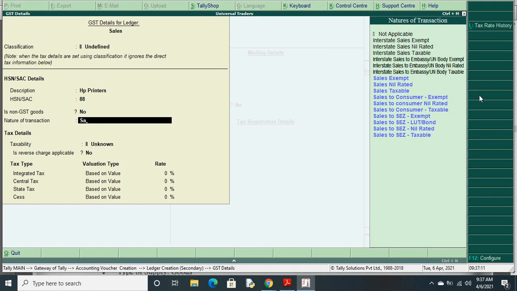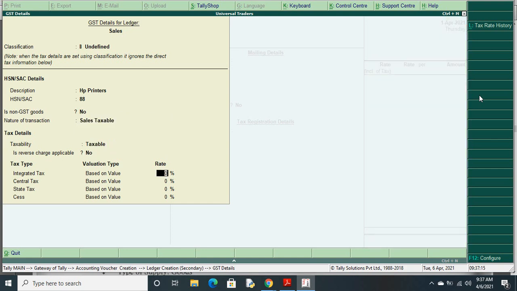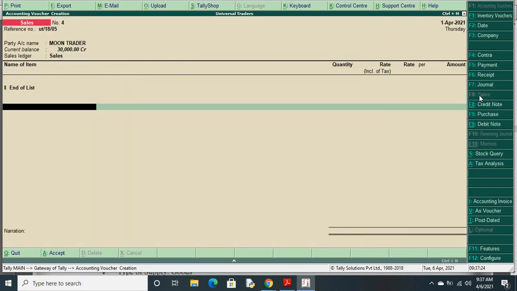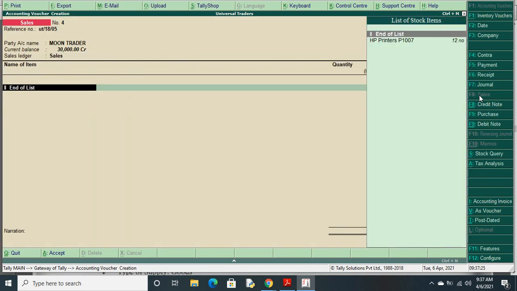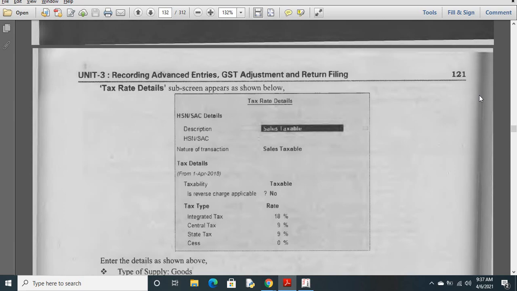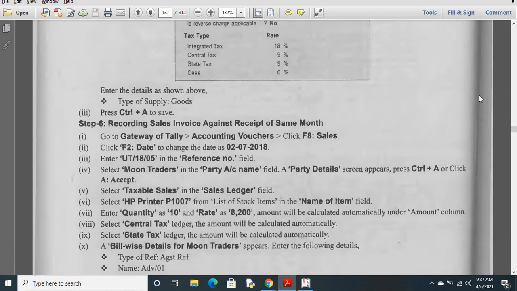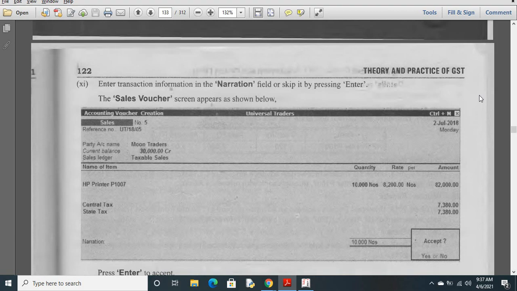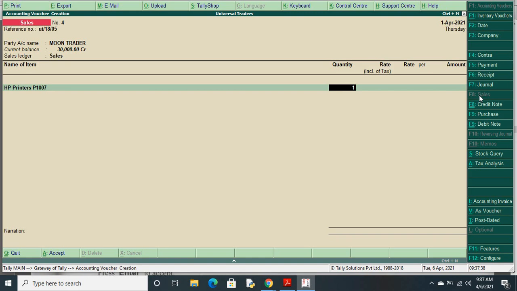Okay, no problem. This is sales taxable, percentage is 18. It is goods. So HP printers, how many have we sold? 10, 8,200.